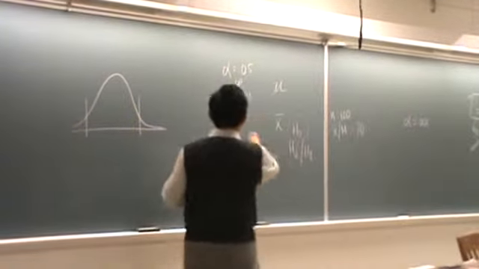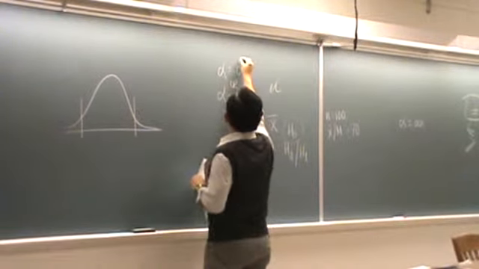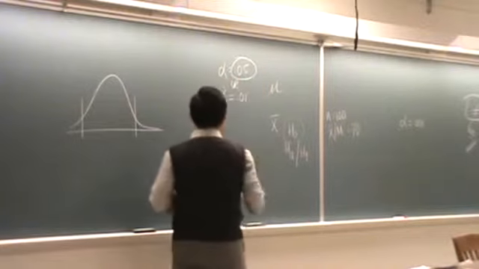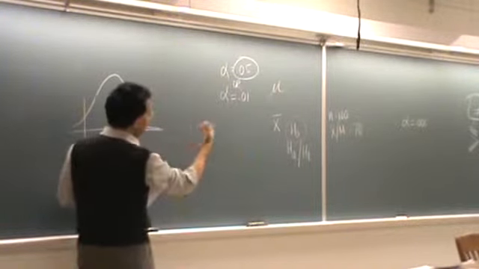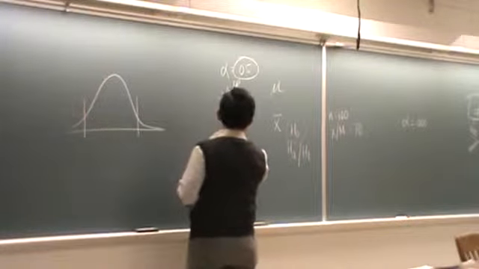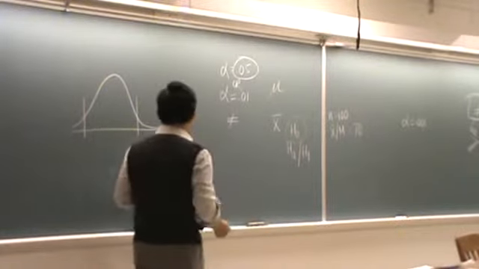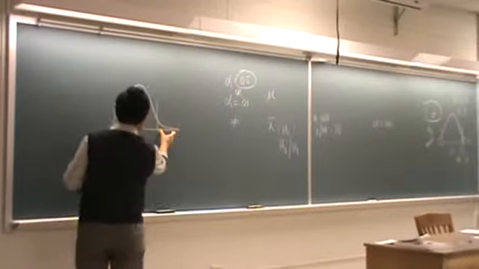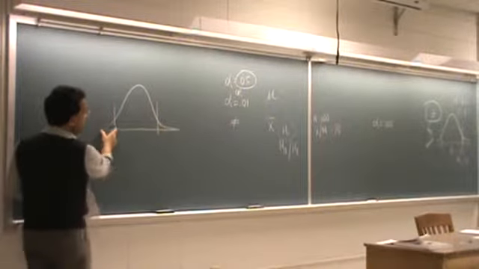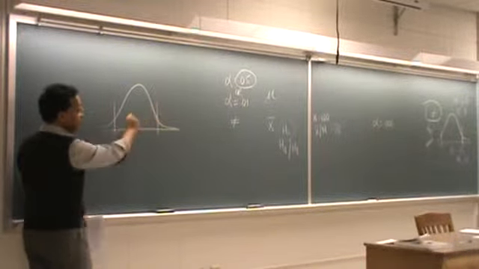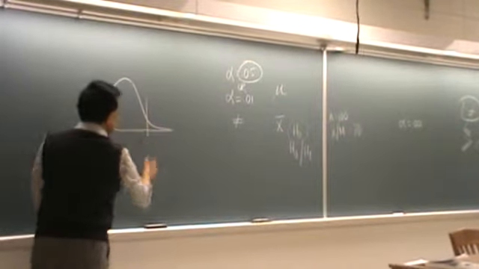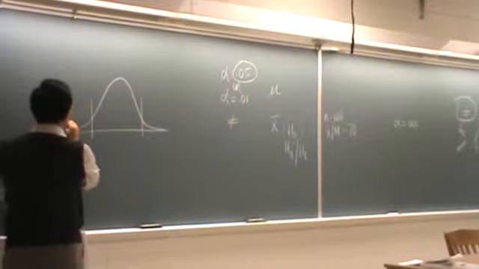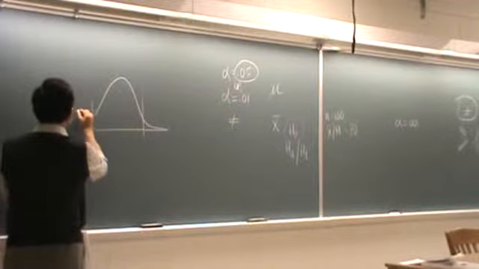The same thing here. If we are dealing with alpha equal 0.05, that's the level of significance. Then 0.05, and we are dealing with this sign not equal to, that means we are looking at the right tail and the left tail both. So that 0.05 will be divided equally between this tail and this tail. So on each side we will have what? 0.025.